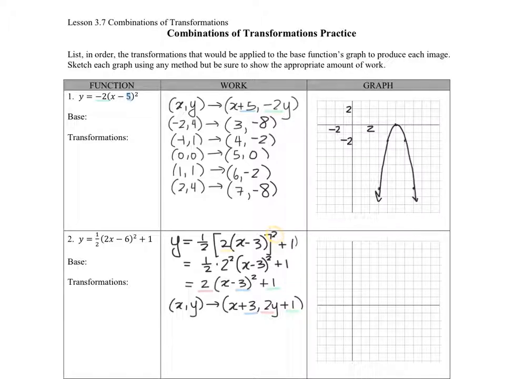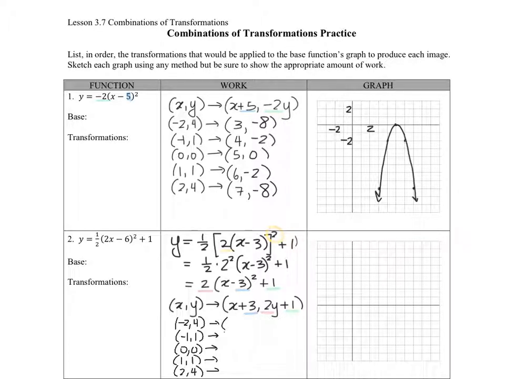So again, once I have this, then it's a lot easier to determine my transformed function points. I have (-2, 4), (-1, 1), (0, 0), (1, 1), (2, 4).